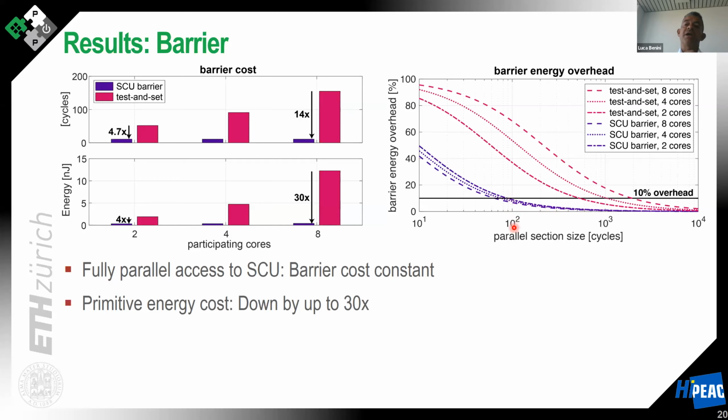So to remember, with this specialized hardware, we can run parallel sections of a few hundred cycles, maybe a couple of hundred cycles, with a negligible synchronization overhead. This is not the case when you use a test and set, where you need a parallel section of at least 1 order of magnitude larger number of instructions.